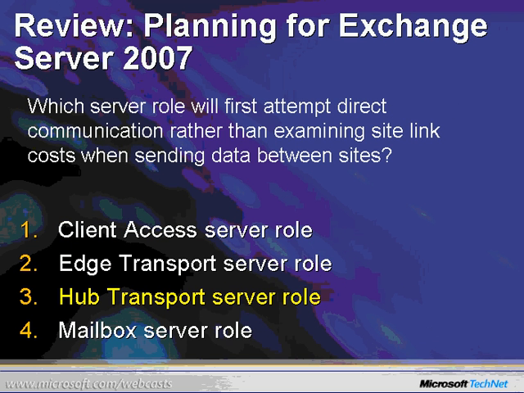At the same time, if I have multiple sites and the way I define my site topology in AD, it doesn't necessarily mean that Exchange will try to always hop from Hub Transport to Hub Transport to Hub Transport to deliver a message. It will always try to deliver directly to the end Hub Transport server, but taking advantage of the site topology in terms of the traffic flow.